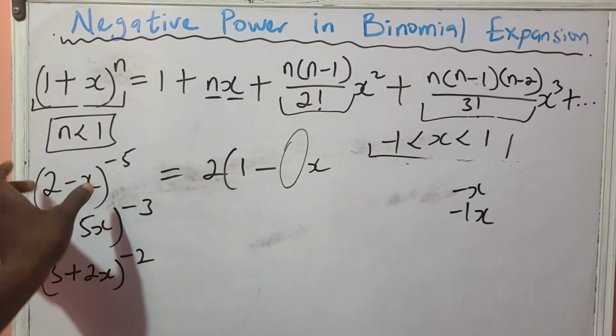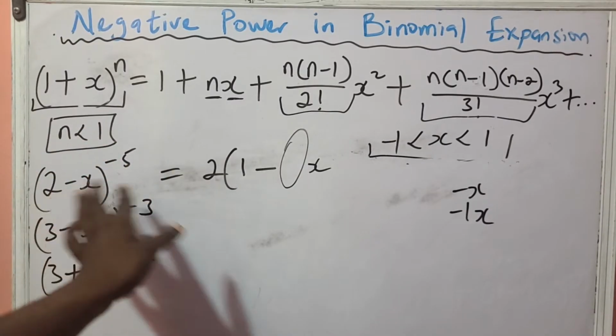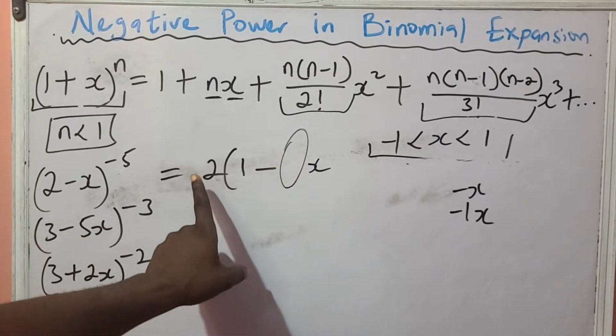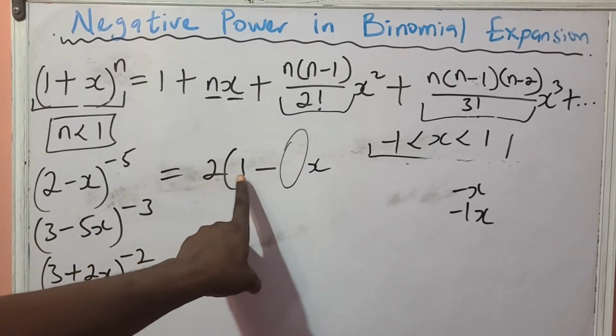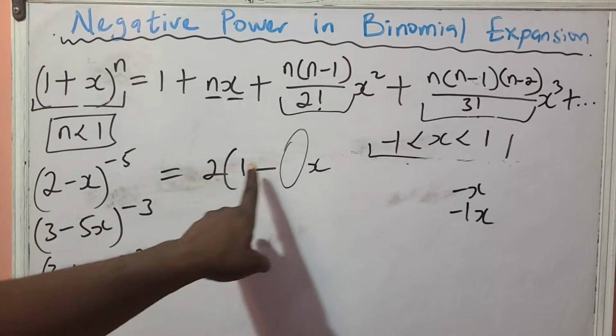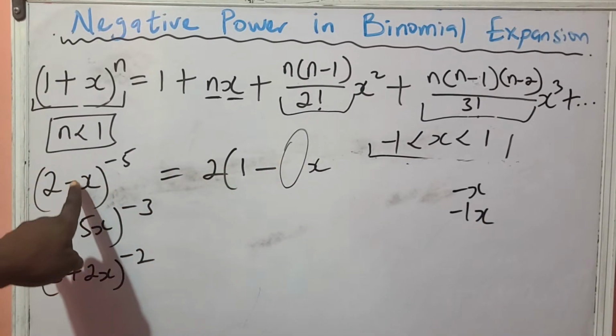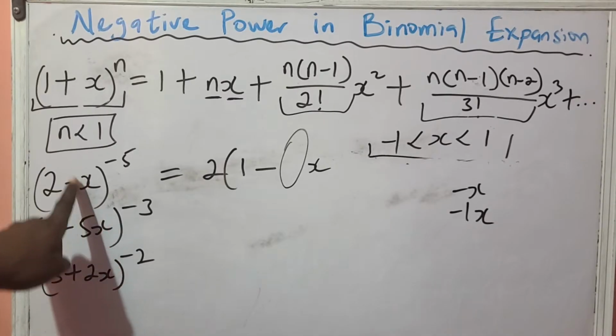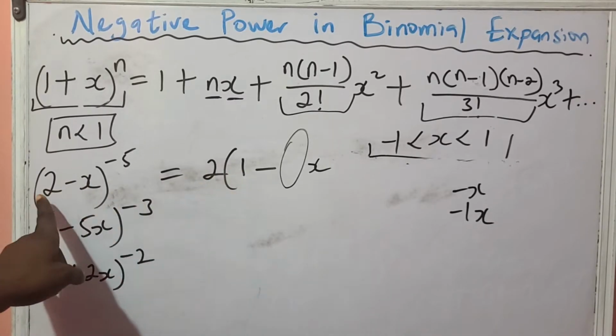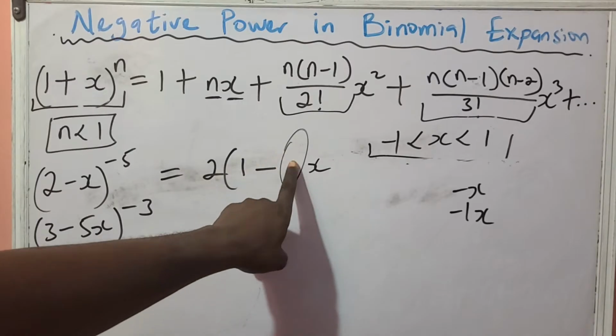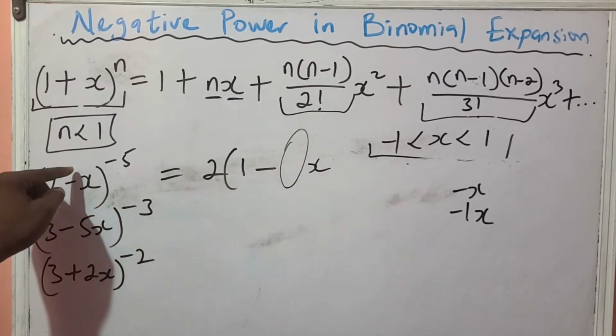That I will have 2 minus x. This is 2 minus x. What can I put here? That when I go on to try and multiply 2 times 1, of course, 2. 2 times what will give me 1? Because in this case now, 1 is my issue. So 2 times 1 is 2, obviously. 2 times what will produce 1?